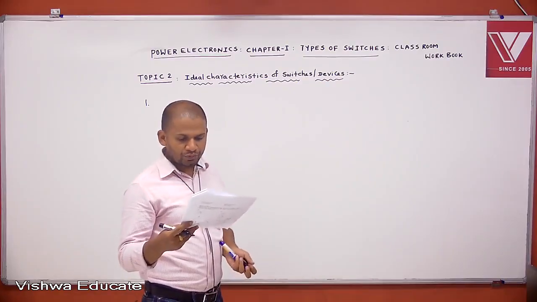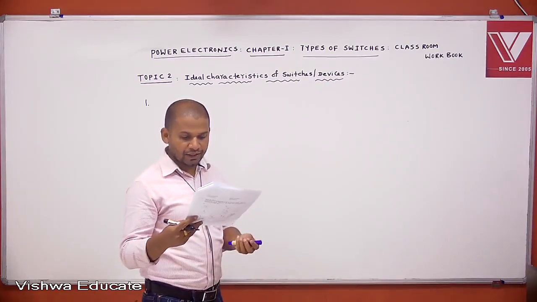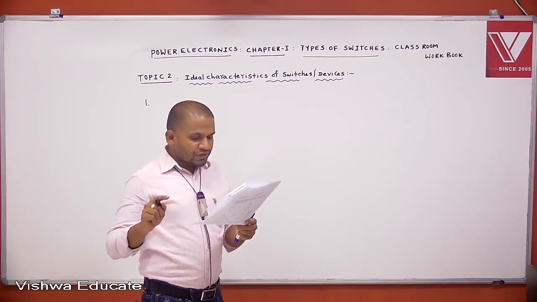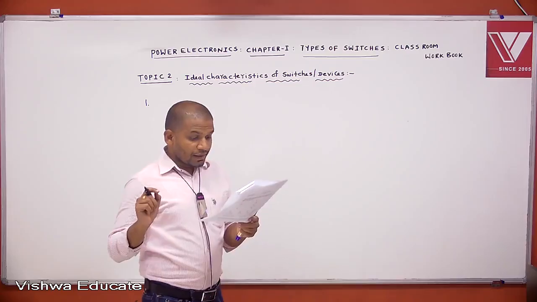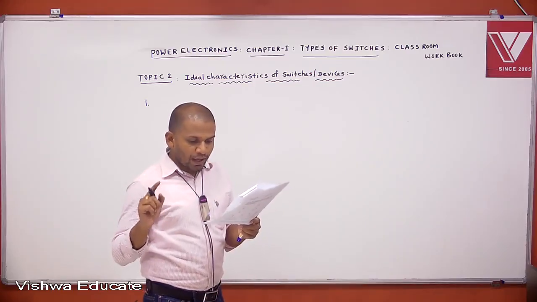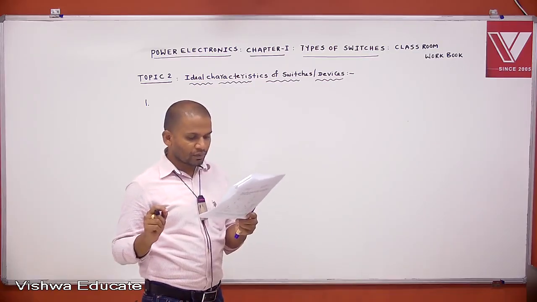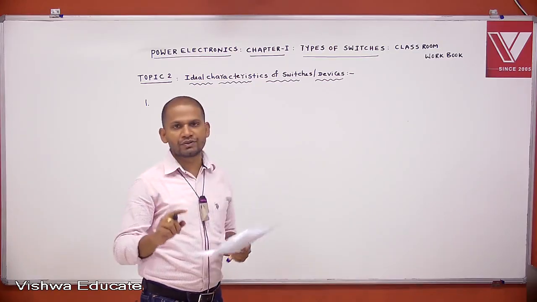The figure shows 4 electronic switches, that is 1, 2, 3 and 4. Which of these switches can block voltage of either polarity that is applied between terminals A and B when the active device is in the off state?